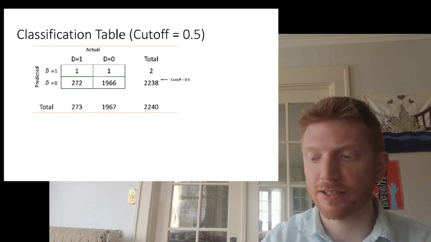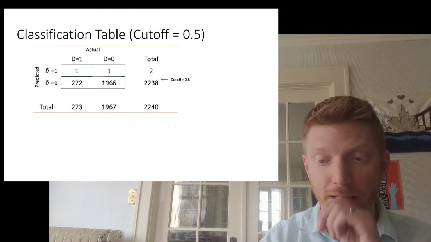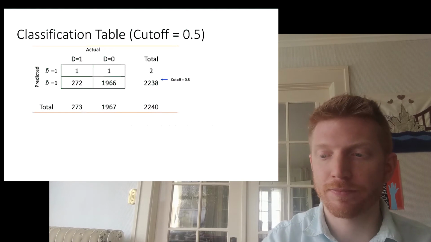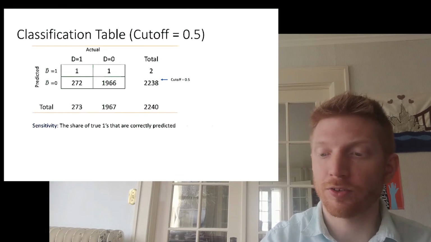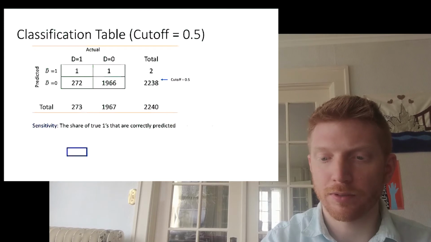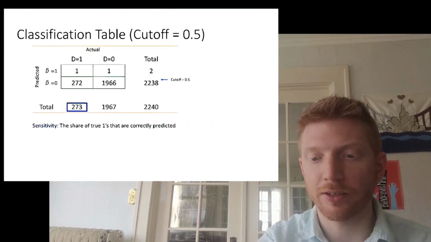Let's look again at this classification table and calculate these two statistics. So the sensitivity is the share of true ones, so our denominator is going to be 273 that are correctly predicted.